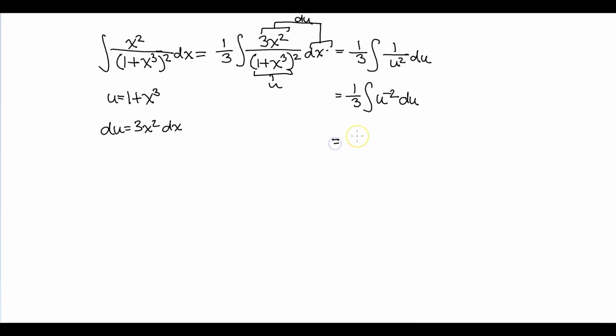And if we do this integral, you would get negative 1 times u to the negative 1, or just negative 1 over u. Right? So we get negative 1 over u, but remember we have to back substitute. We have to substitute back our original expression. So it's negative 1 over 1 plus x cubed plus c.